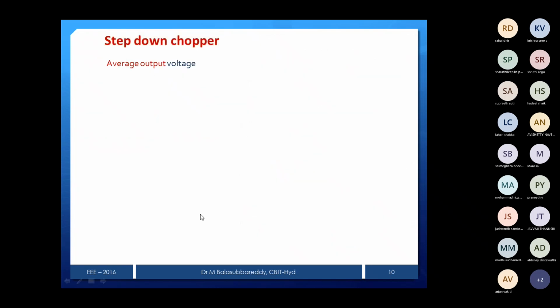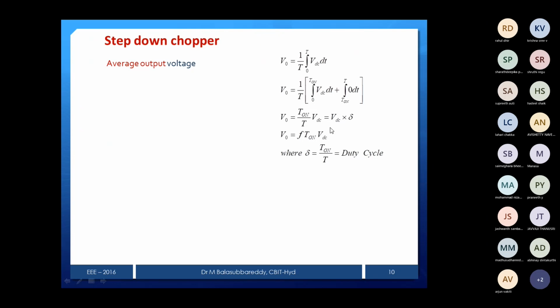Now the derivation. As I mentioned, V out is equal to VDC into delta. And if it is RMS, how will you get the RMS? Same expression, just square it and root it. That will give the RMS. So the RMS output voltage V out is VDC into root delta, and the average is VDC into delta.